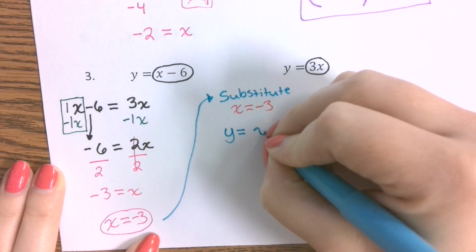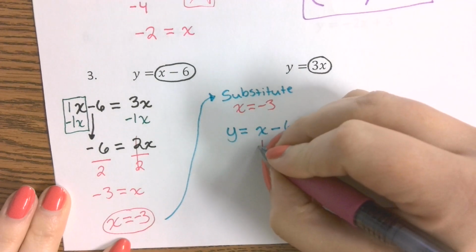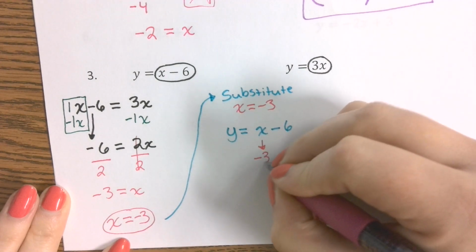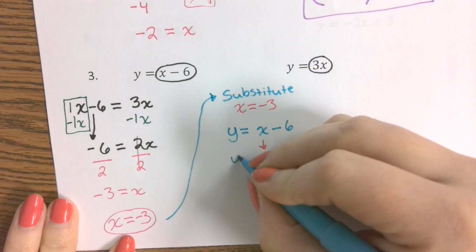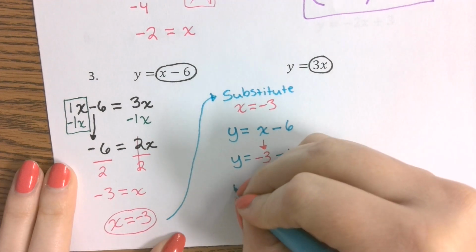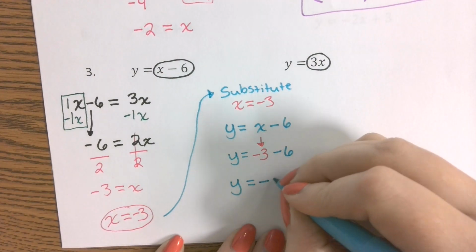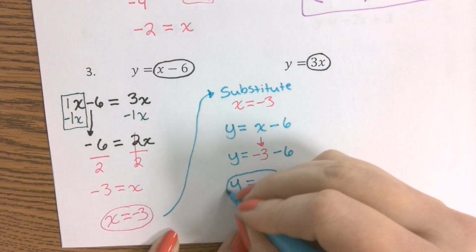I'm going to pick y is equal to x minus 6. So I'm going to replace the x with a negative 3. So I now have y is equal to negative 3 minus 6. And what is negative 3 minus 6? Negative 9. So we get negative 9 for my y.